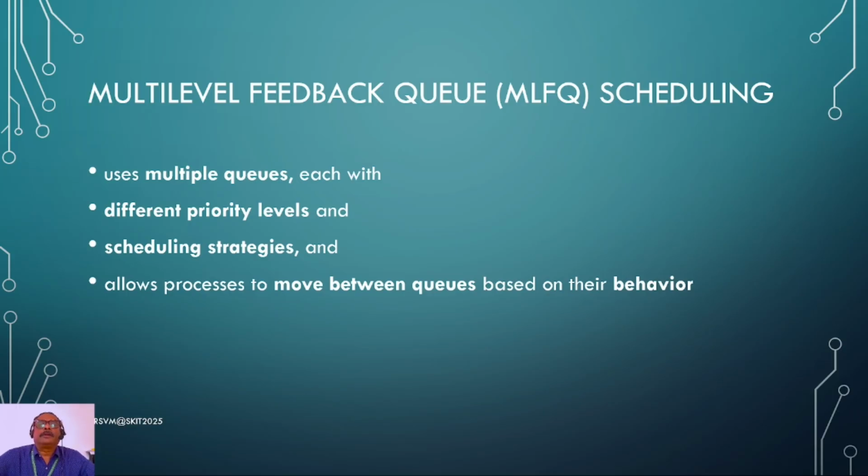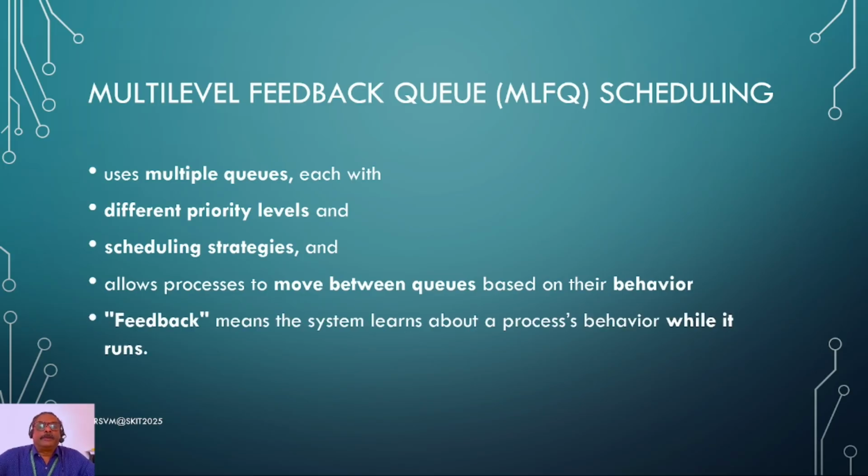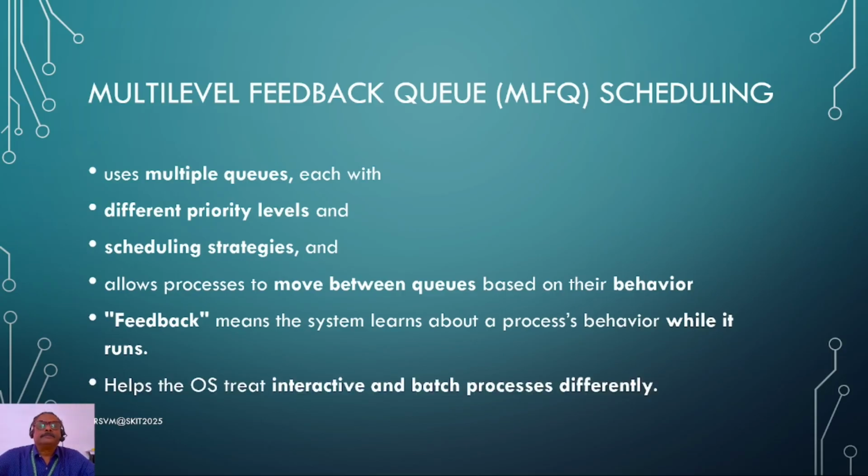Or if a low priority process is waiting for a very long time, then instead of keeping it starved, we can just upgrade it and move it to the higher priority queue. This movement is based on behavior, and we get the behavior from the feedback. Here the feedback means the system learns about the process behavior while it runs, and this will help the operating system treat interactive and batch processes totally differently.